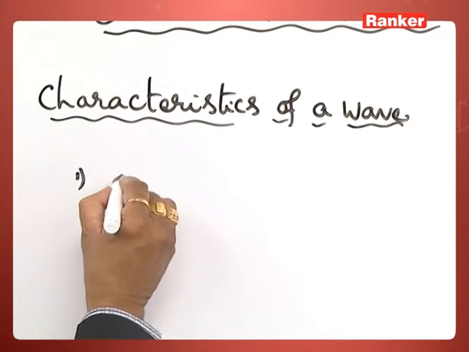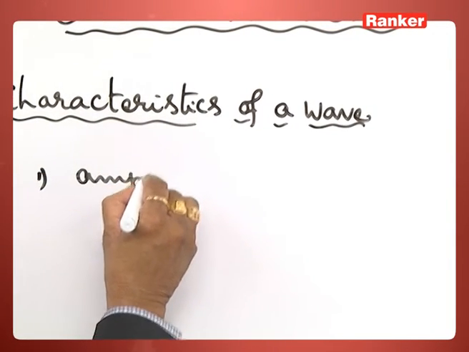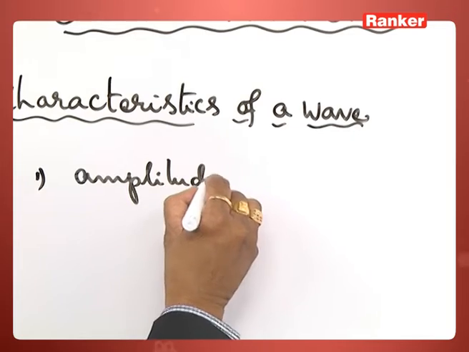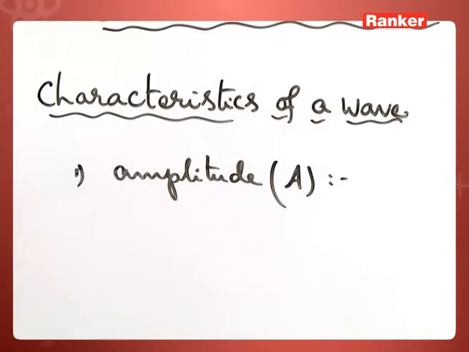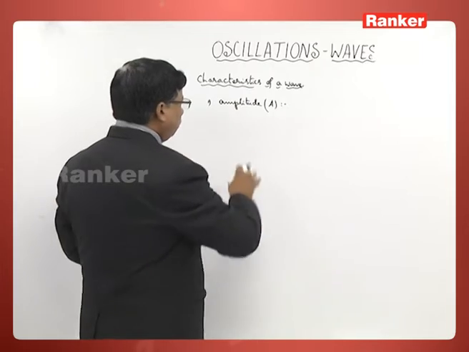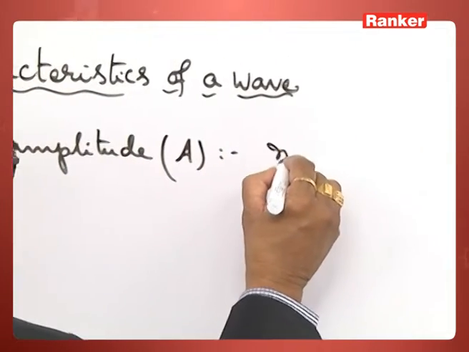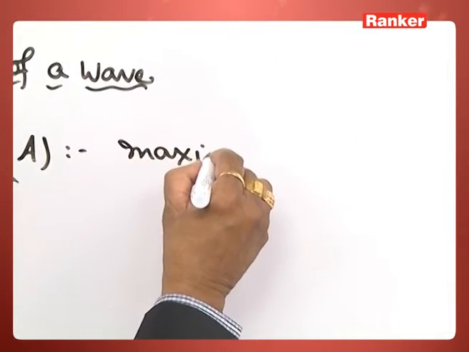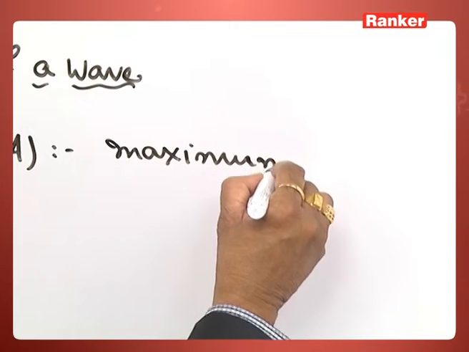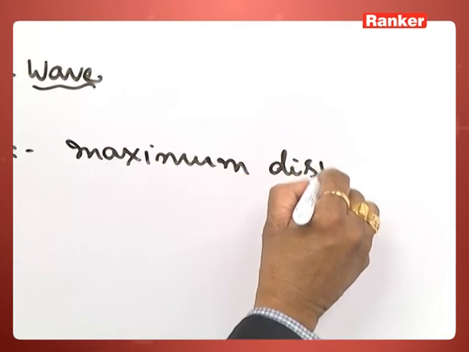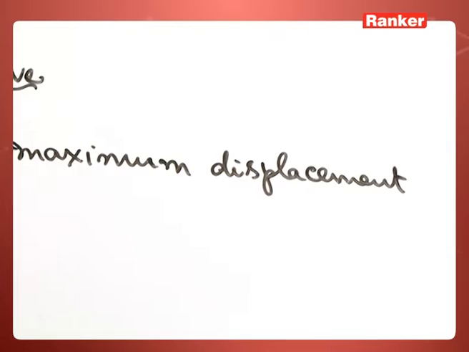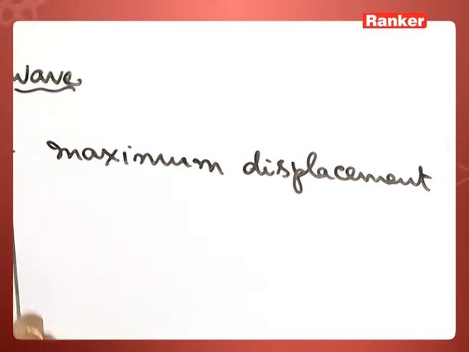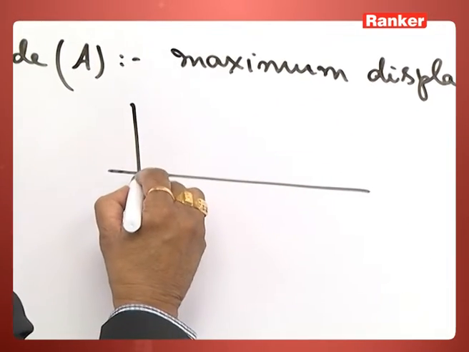The very first one is amplitude, which we usually represent by the letter A. What does amplitude mean? Simply speaking, it is the maximum displacement of a vibrating particle. What do you mean by maximum displacement of a vibrating particle?